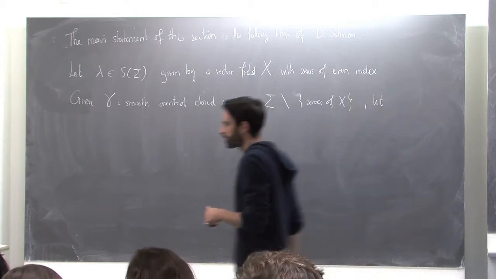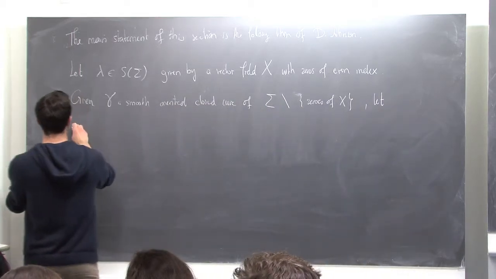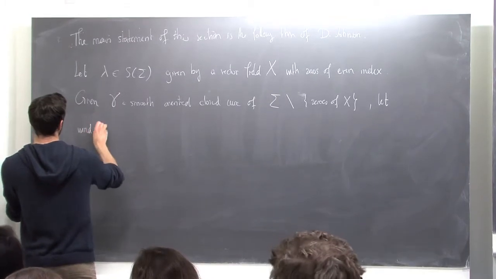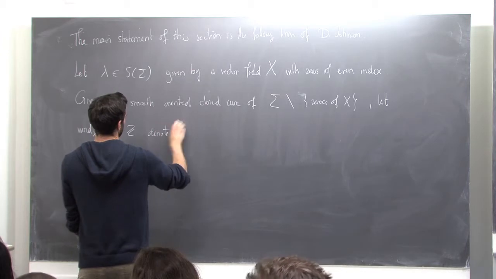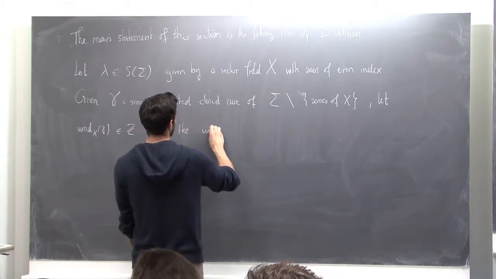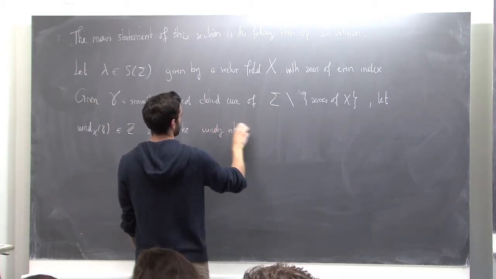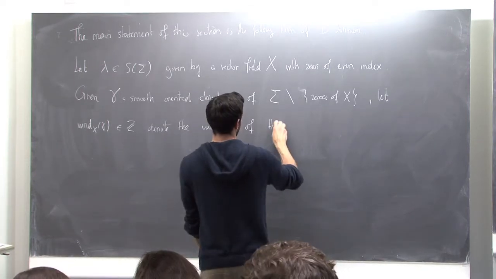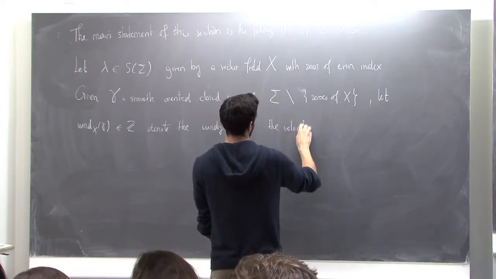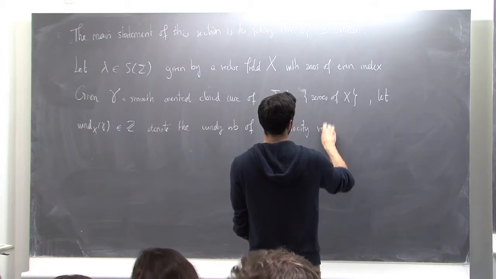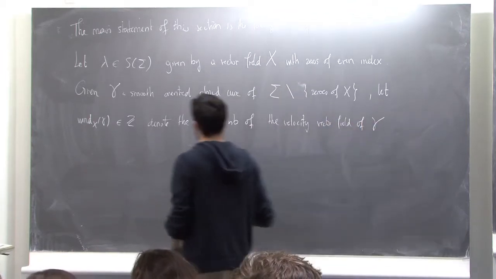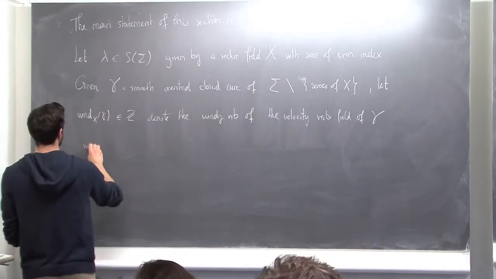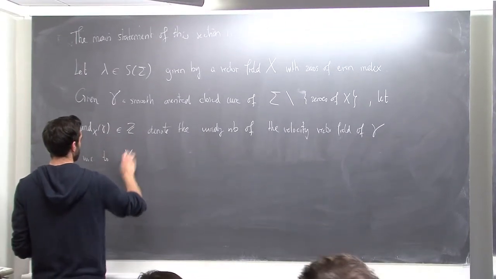And I'm going to denote winding x gamma the winding number of the velocity vector field of gamma with respect to x.